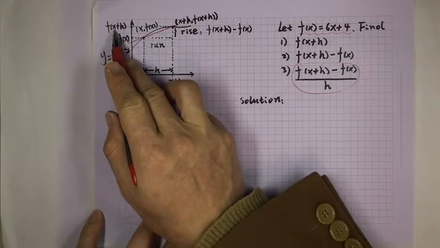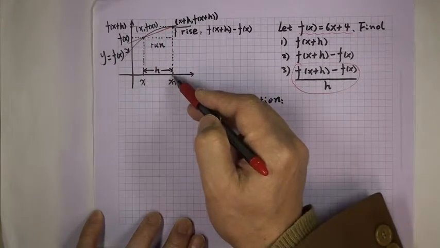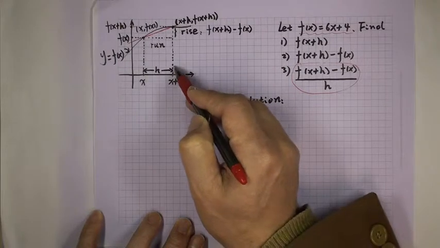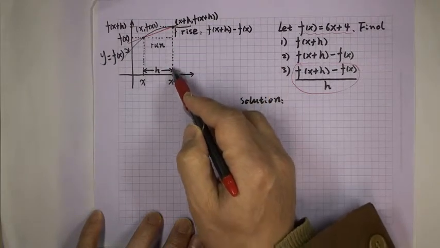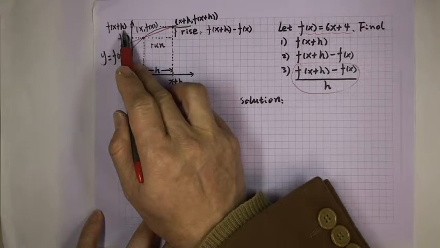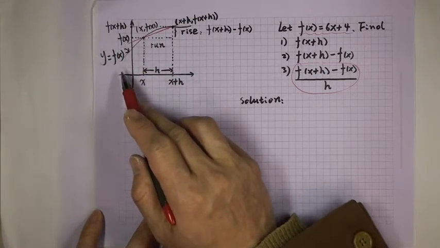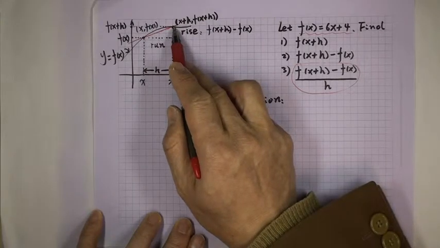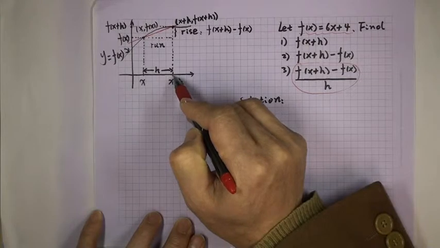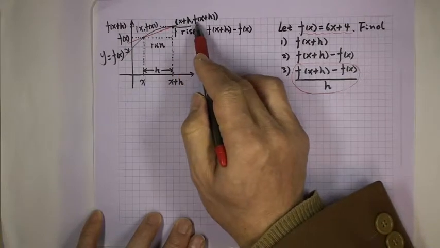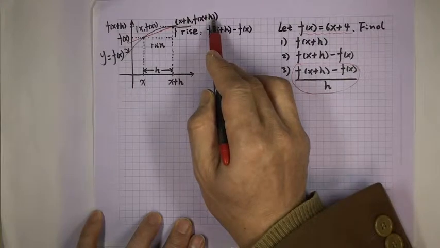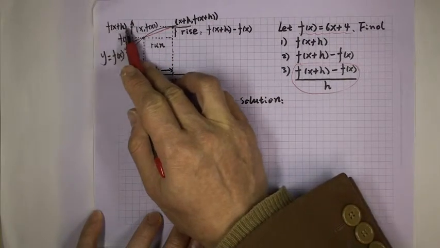That will be f of x plus h. So when x equals x plus h, the height is this one, which is f of x plus h. Then this point has x coordinate x plus h, and the y coordinate will be f of x plus h.